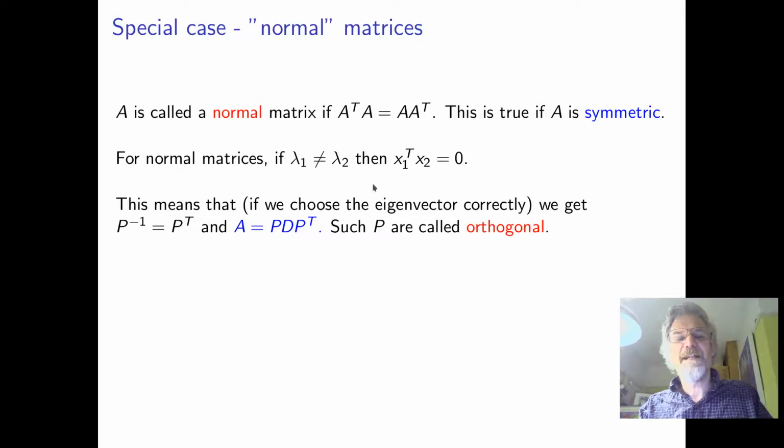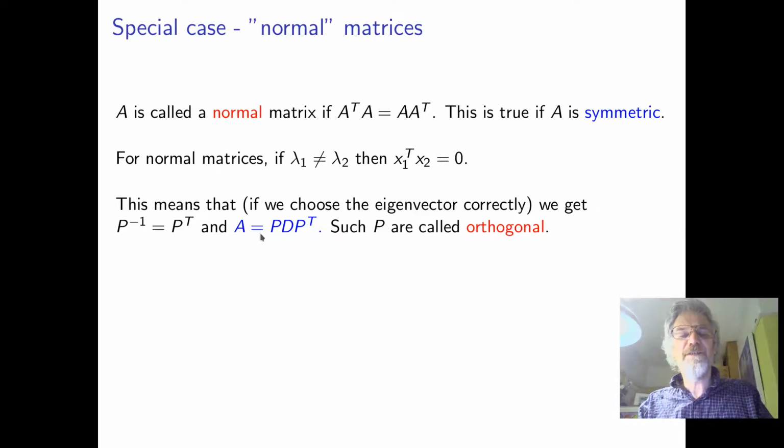In that case, if we've got a full set of eigenvalues, then we've got this neat property that we can choose orthogonal eigenvectors, and if we also make them length 1, because we can choose the length, then it turns out that P inverse is the same as P transpose. You can check that in a matrix whose inverse is its transpose, the columns are orthogonal to each other.